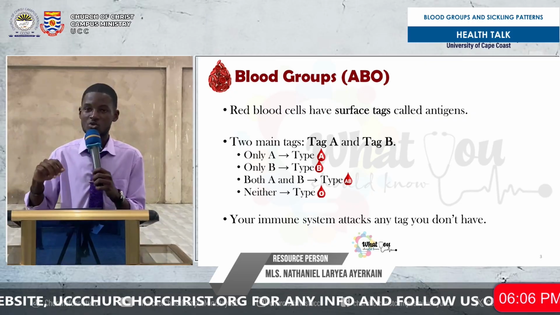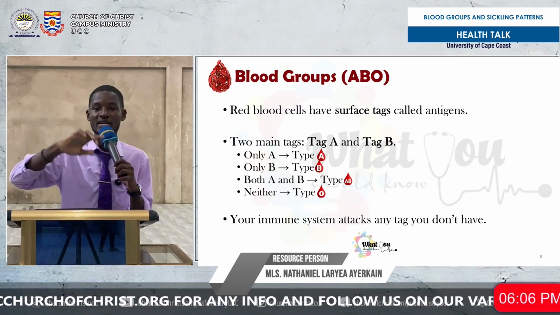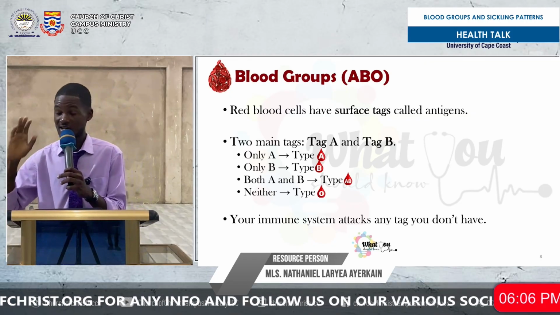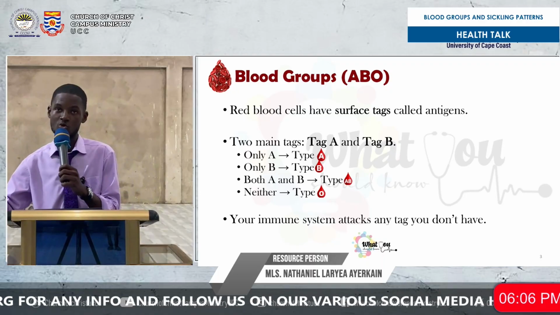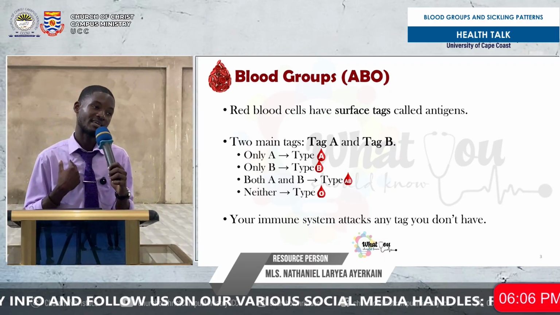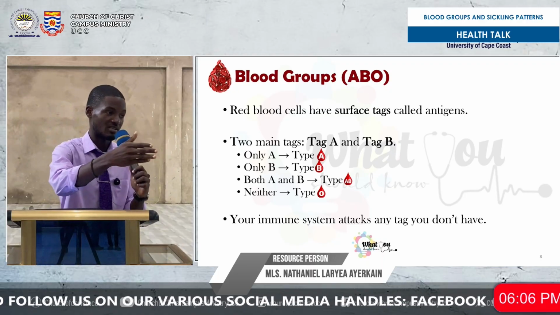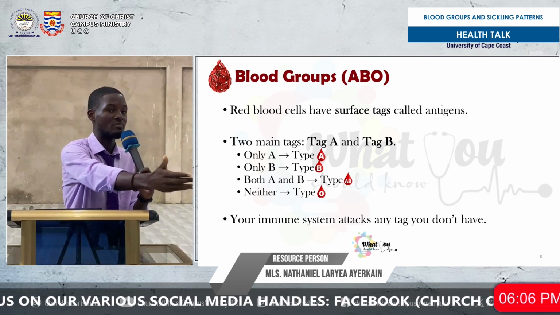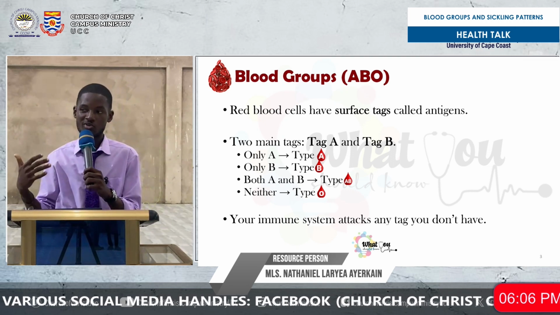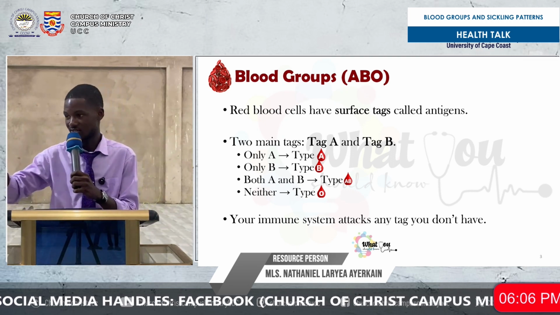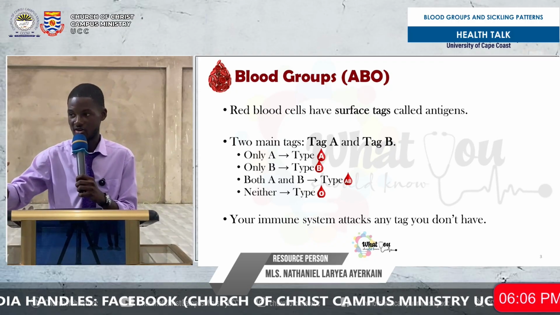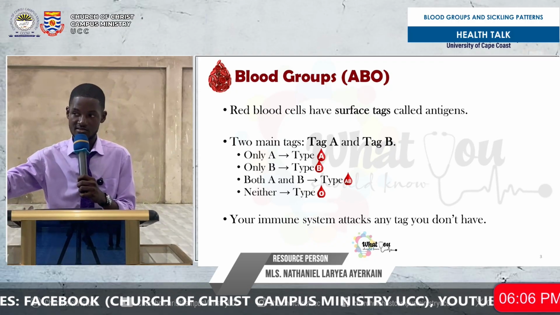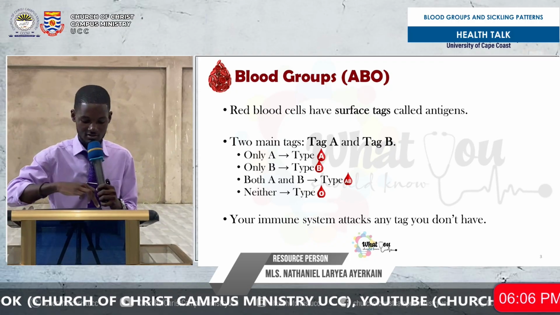Do you get it? So if maybe you have tag A, and someone has tag B, and they give the tag B blood to you, your body would know that this person doesn't have my tag, and so it's foreign, and then we start to fight against it. Right? Good.